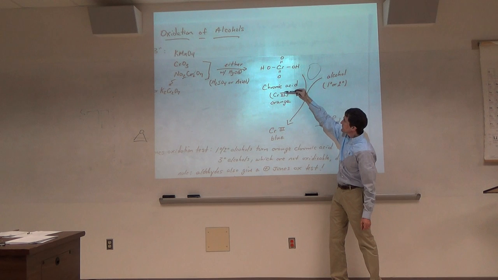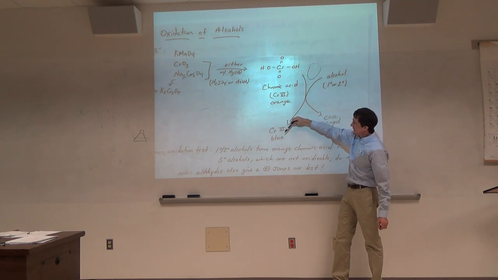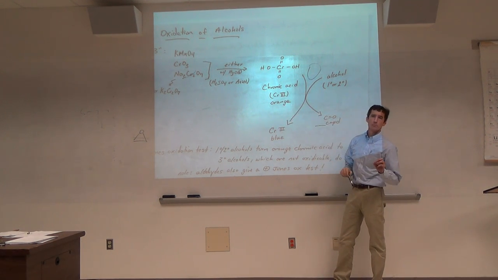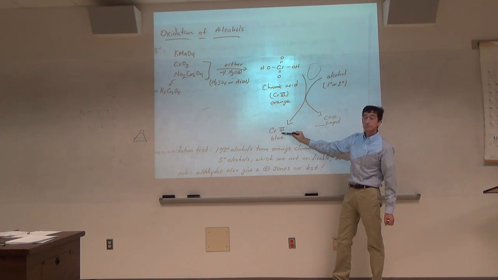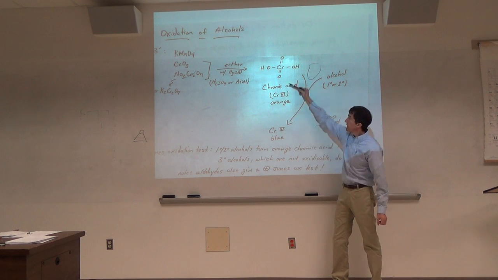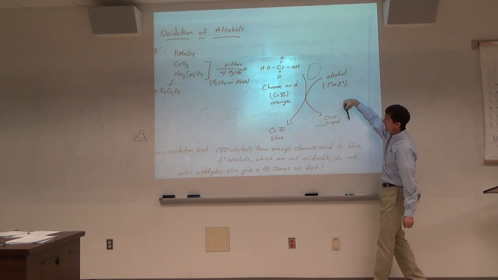It goes from chromium 6, actually to chromium 4 first, but then quickly down to chromium 3. That's a reduction, right? Chromium 6 to chromium 3, it's gaining 3 electrons. Chromium gets reduced, the alcohol gets oxidized.